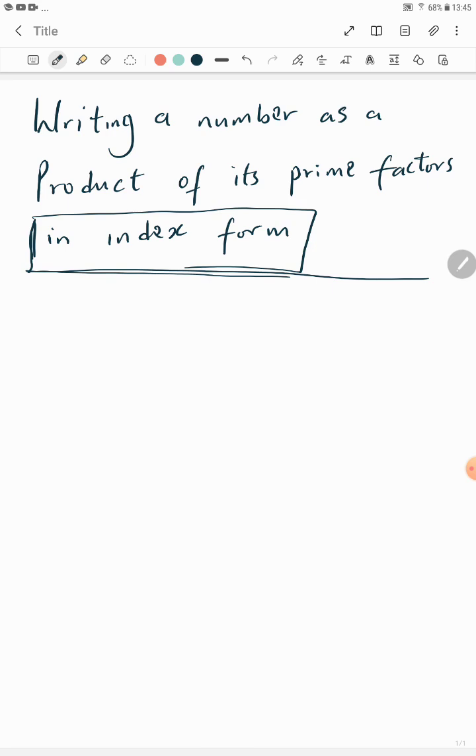And this is what I mean. In the previous class, when we put it down as a product of its prime factors, we got 2 times 2 times 2. Just imagine that we have a number that probably has a string of multiplication of prime numbers.